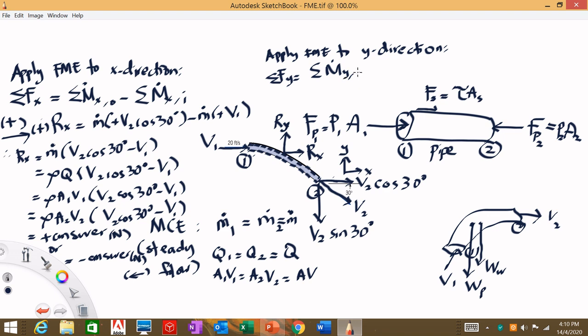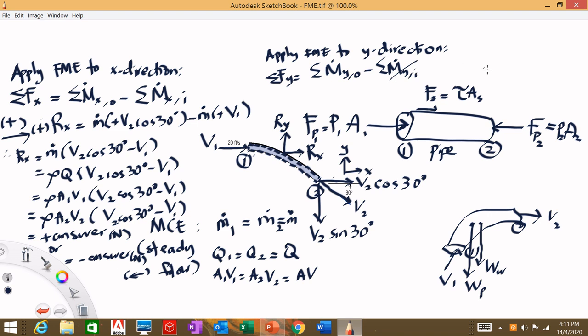This is momentum, outlet minus inlet. Do you have a velocity component in the y direction at the outlet? Yes, you have v2 sine 30. Do you have it at the inlet? No, because at the inlet you only have x direction. So therefore at the inlet this will be 0.